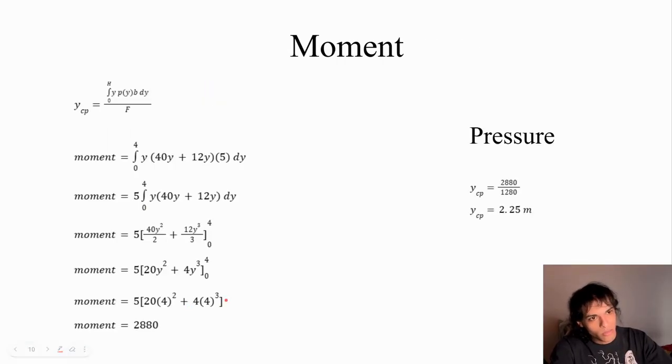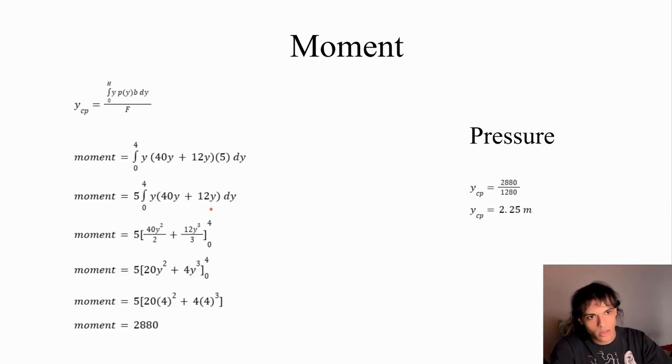And before we finish this, we need to find also the moment. So in order for us to calculate the pressure, the moment is represented by this formula, which is quite similar. The only difference is that we have the y factor here. And so by using this extra y in here, we multiply it inside, and then we take the integral, right? So now it's a little bit different since we multiply the y inside.